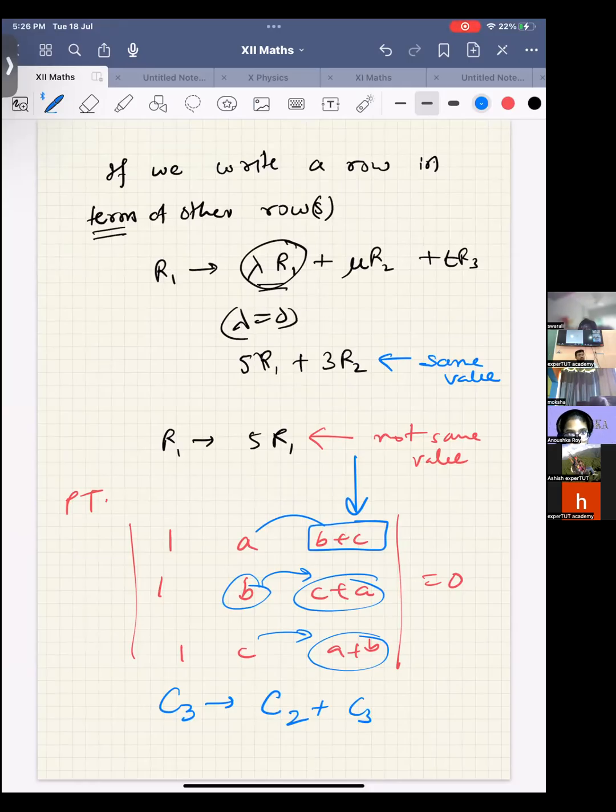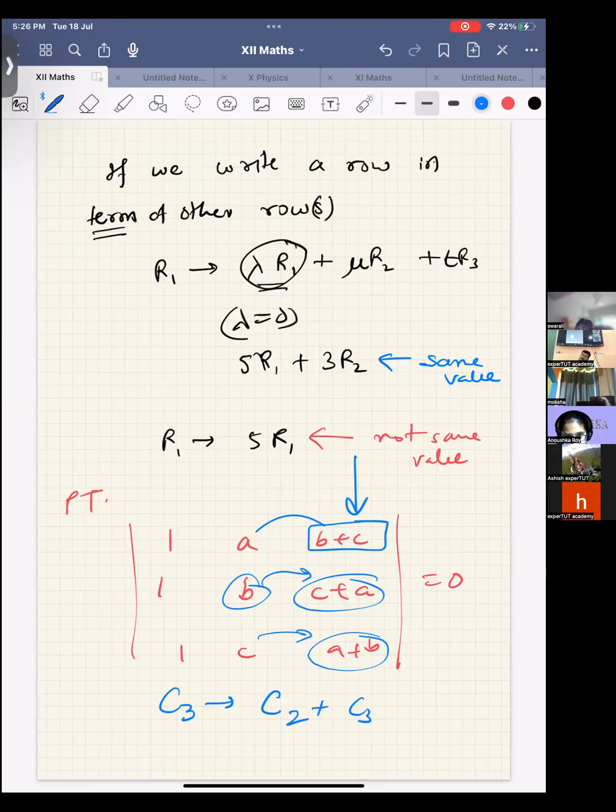I don't understand what column 3 is. What if you say that C2 is also equal to C2 plus C3? Then you can say C3 equal to C2 plus C3.